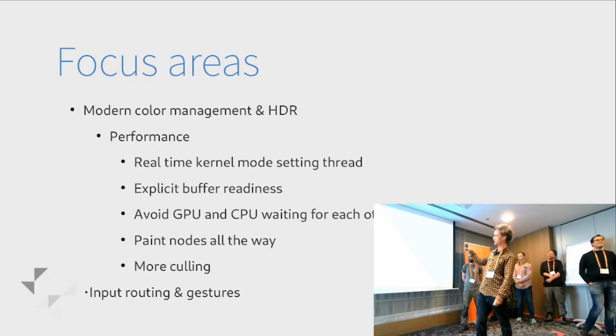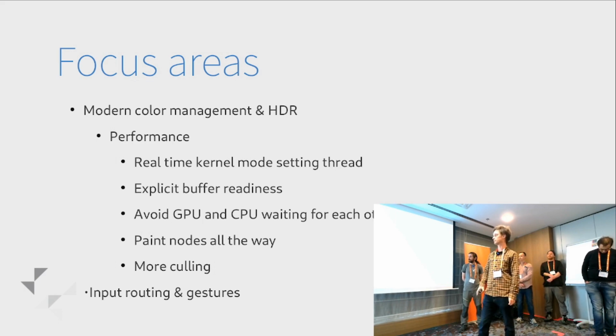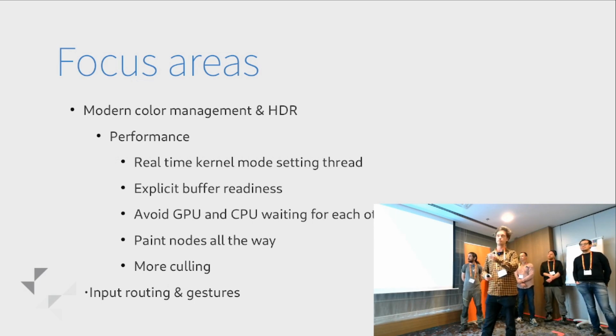Together with a real-time mode setting scheduler thing, it means we can time the things we push to the screen by making sure that it's all ready for the screen to sample. Another thing that Daniel is working on is to avoid the GPU and the CPU waiting for each other when you draw and it's not ready for scanning out by the monitor.